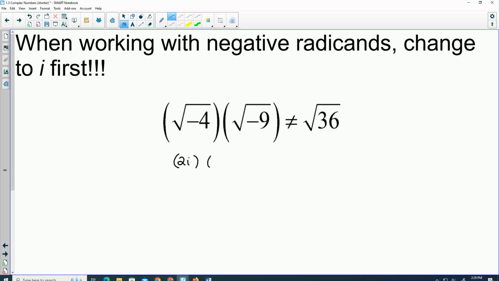What's the square root of negative 9? If you multiply that, you get 6i squared. But what is i squared equal to? And the true answer is negative 6. But if you fail to pull out those i's, you will miss that. So make sure you simplify the i first, especially when multiplying.